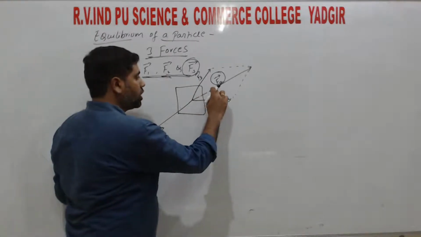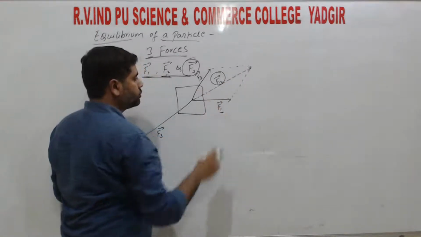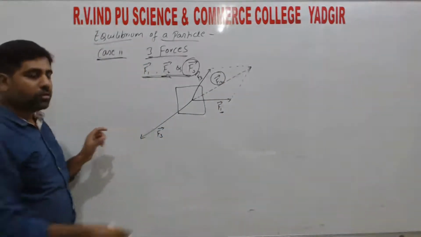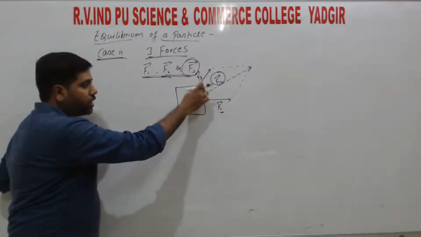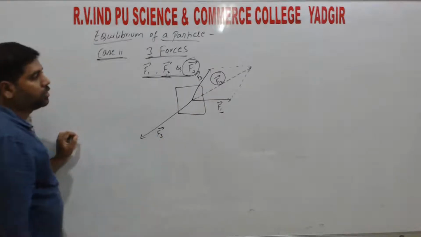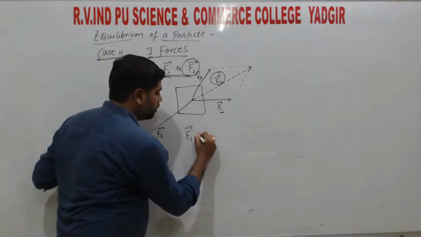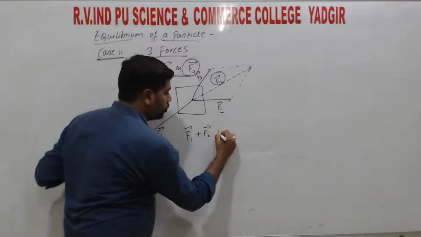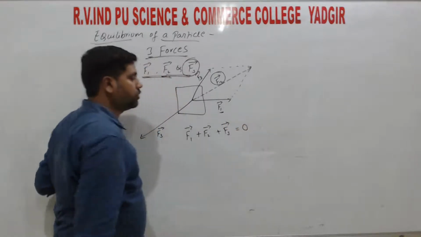So ಇದನ್ನು ಕೂಡ dotted lines ಅಲ್ಲಿ ಬರ್ಕೊಂಡ್ರೆ. So now this object is at equilibrium, right? So F1, F2 and F3, right? So that is F1 plus F2 plus F3, that is equal to 0.